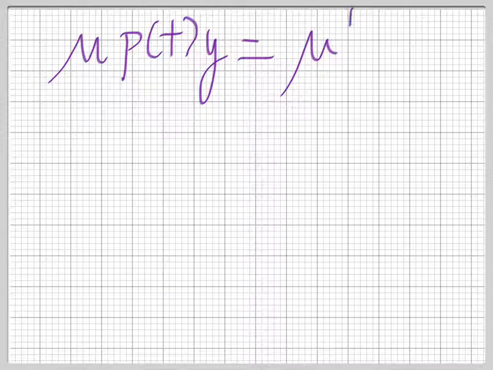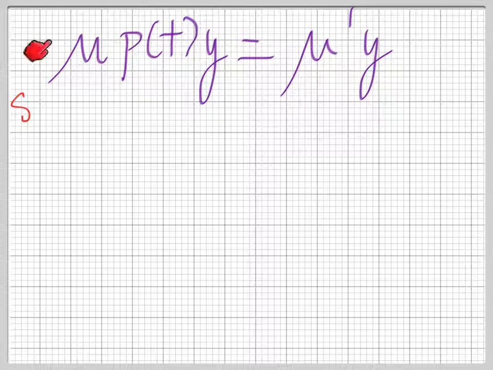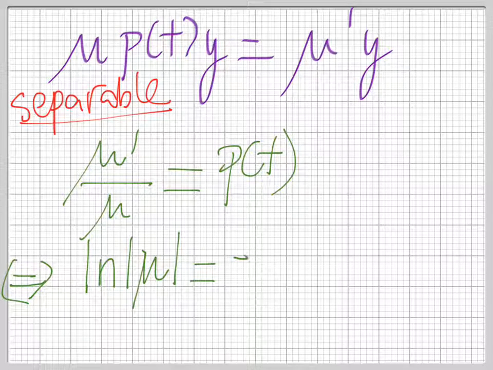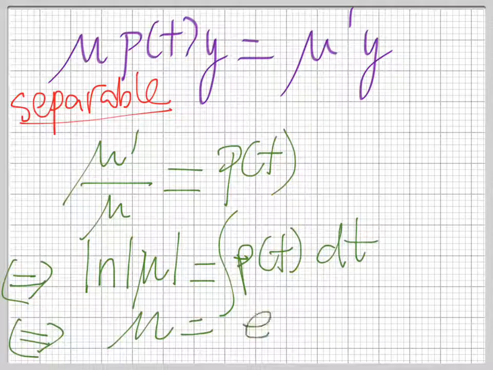Then y can be cancelled out, and you can use separable equations to solve for mu, because you can divide mu from both sides to separate mu and p of t. Using separable equations, you can solve for mu because that's the goal. We want to find mu of t.